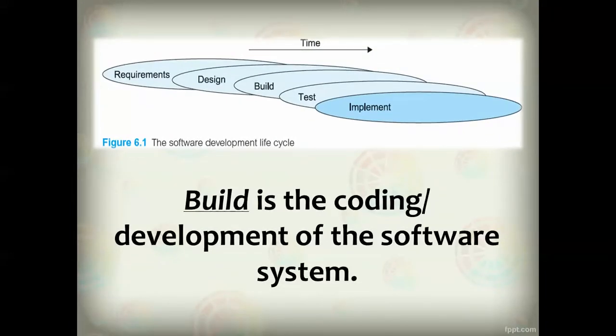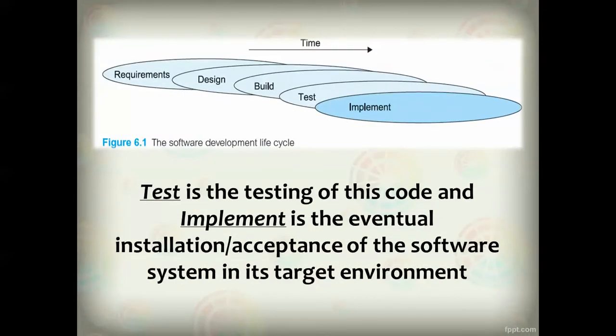Build is the coding or development of the software system. Test is the testing of this code, and implement is the eventual installation or acceptance of the software system in its target environment. This can also include evaluation of the system with respect to the user's initial requirements.